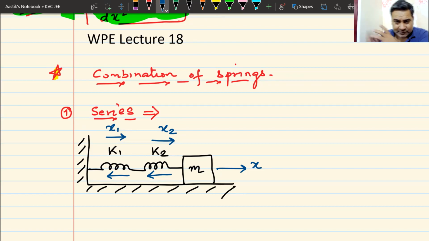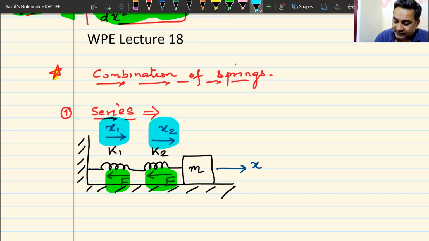The force F acting on both the springs would be the same, but the extension in both the springs would be different.